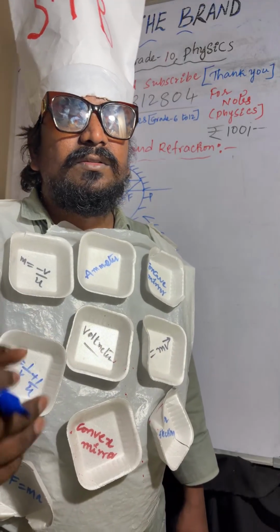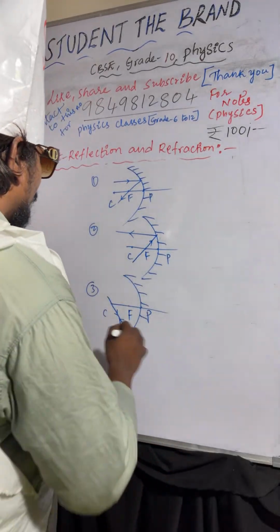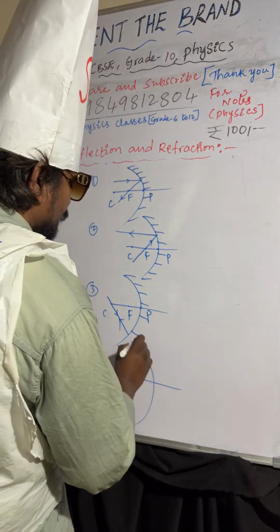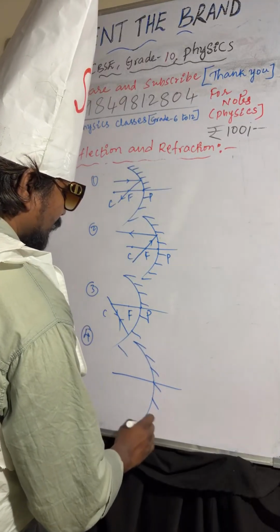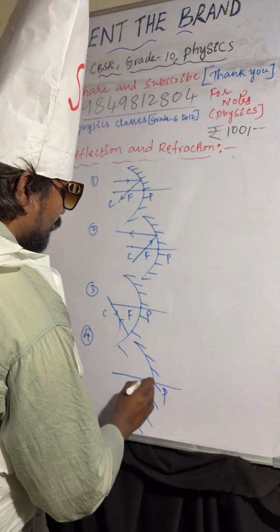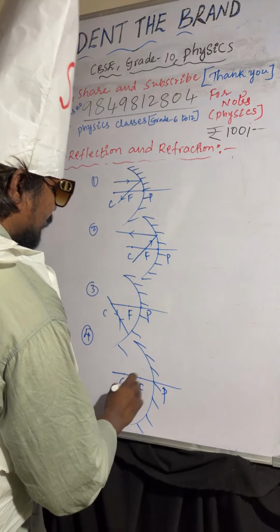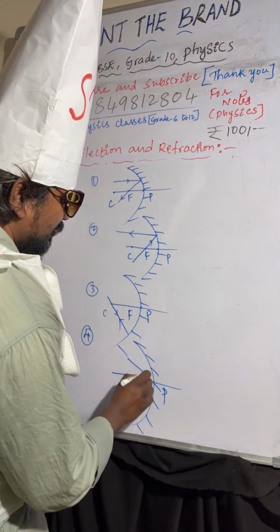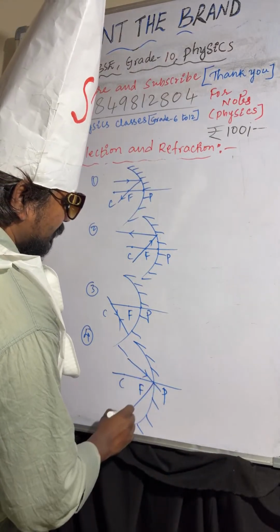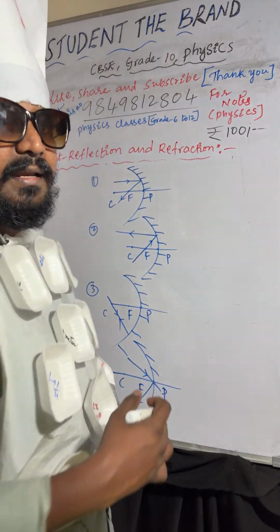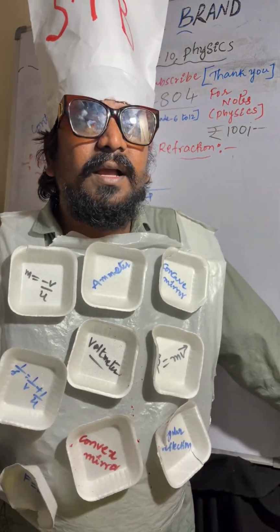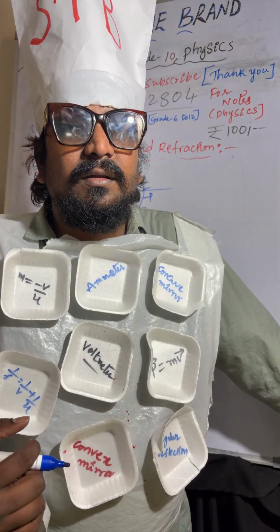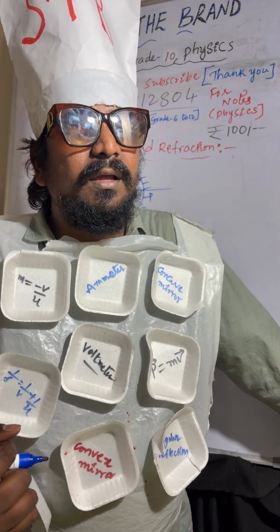Next, the fourth one. With pole, focus, center of curvature, a light ray incident at the pole reflects back, like a reflection phenomenon. Okay.